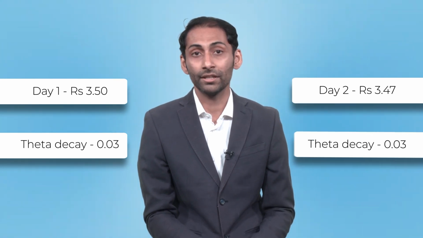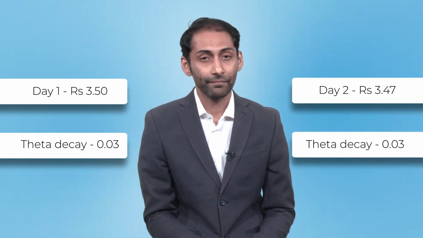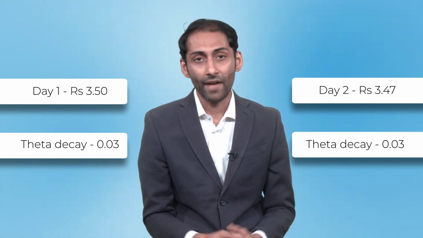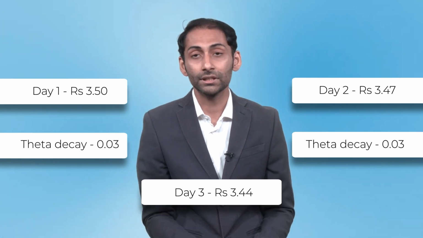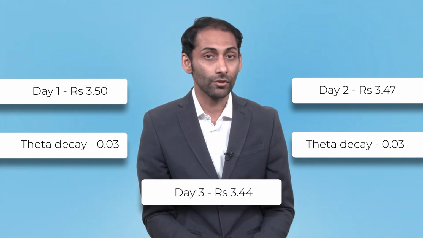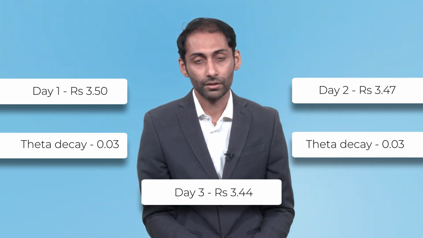Again, if nothing else changes, it will lose another rupees 0.03 in the value by the end of the day. In a similar fashion, on day 3, the option is now worth rupees 3.44 and so on and so forth. So, theta highlights the importance of time in options trading and why options lose value as expiration approaches.